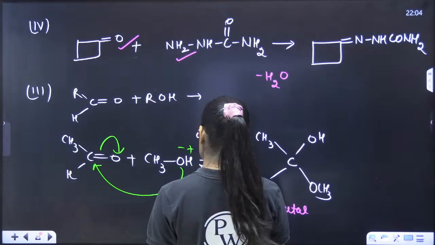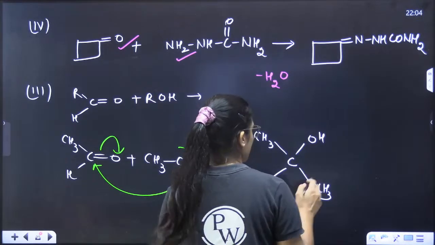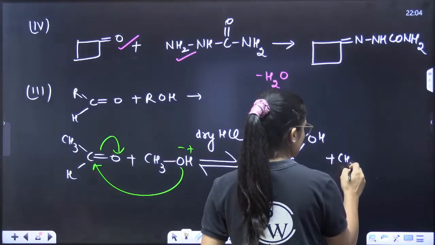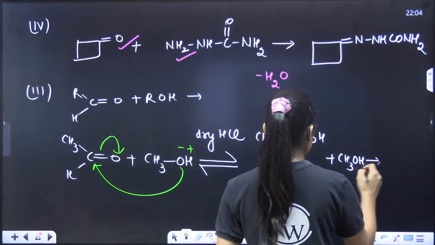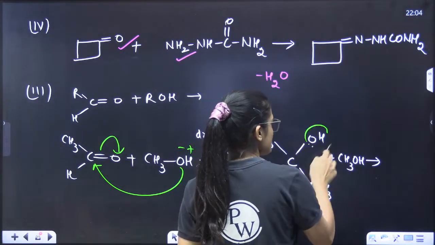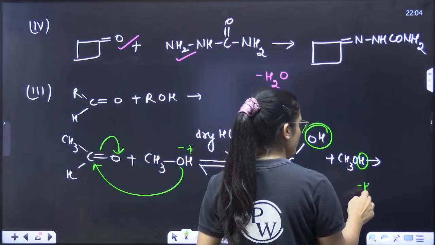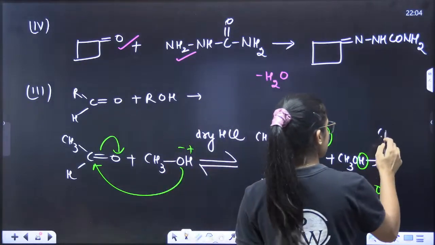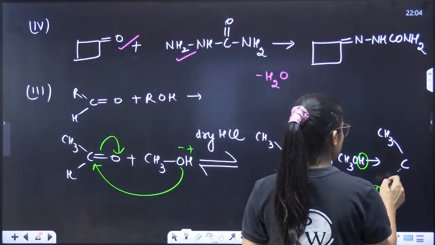And you'll carry out its reaction with another molecule of alcohol. OH from here, H from here, water will remove, and OCH3 will attach, and you'll get acetal, which is geminal dialkoxy.